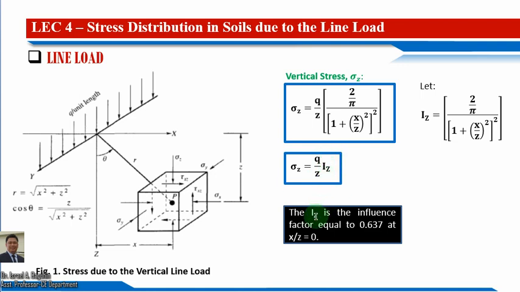And I subscript z is equal to 0.637 when the ratio of x over z is equal to 0. As you can remember, the stress is maximum directly below the load. In this case, it is maximum directly below this line load.